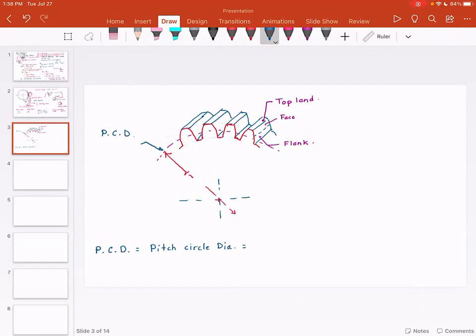And what this means, if the gear is replaced by a friction wheel, the diameter of the friction wheel is PCD.